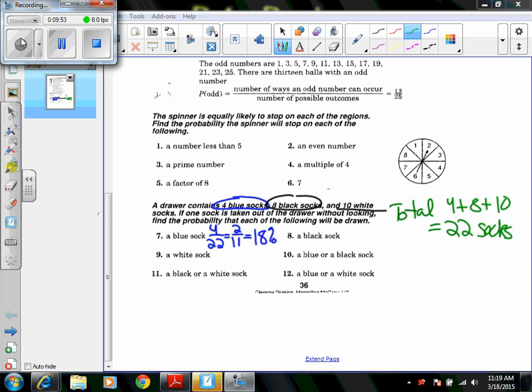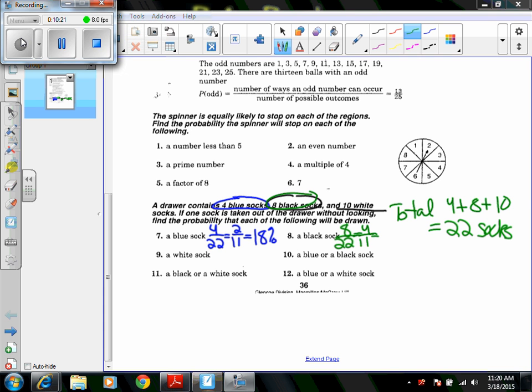All right, the next problem, we're finding the probability of pulling a black sock out of a drawer. Okay, there's 8 black socks. We see that right here. So the probability of drawing a black sock is 8 out of 22 because there's 22 socks in the drawer. Okay, we have already reduced 4 22nds, so we're going to reduce 8 over 22 to 4 11ths.